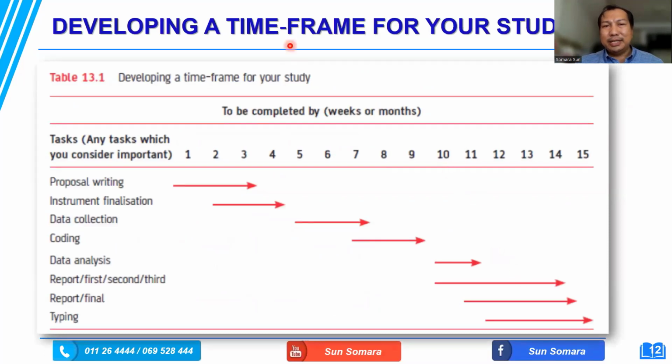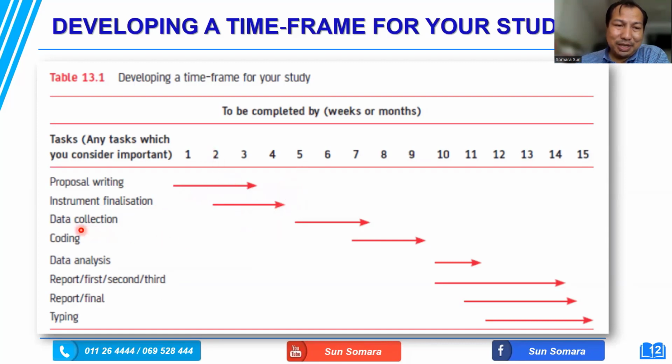Here is an example of a time frame for your study. You can start, for example, to be completed by weeks or months. You have tasks, any task you consider important, for example 1 until 15. From week 1 to week 3 or 4, you may start proposal writing. Instrument finalization should run from week 2 to week 5.